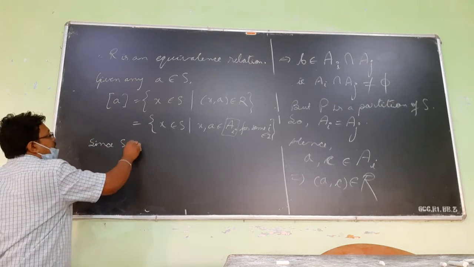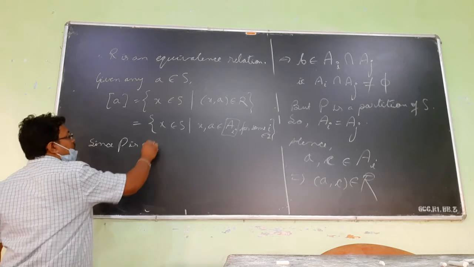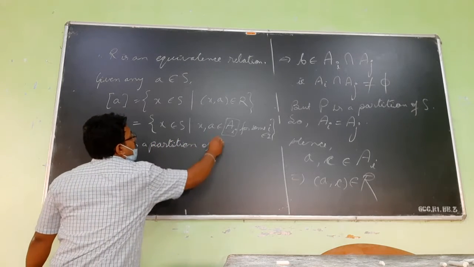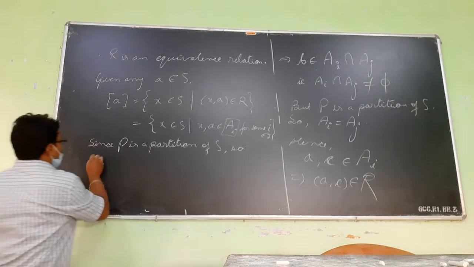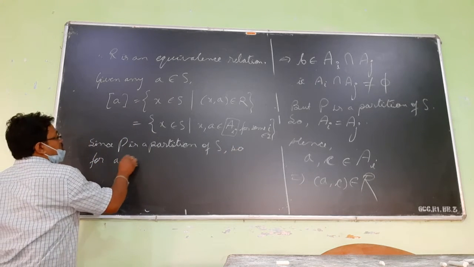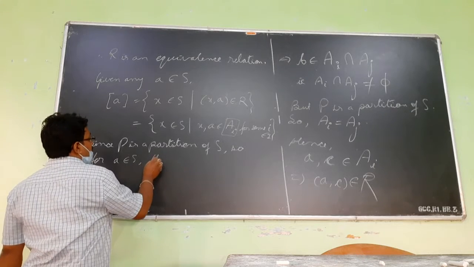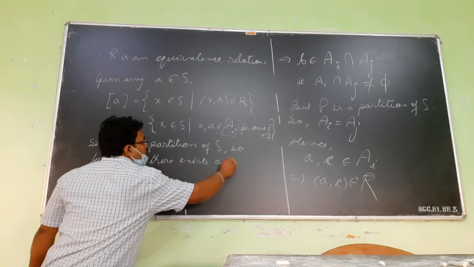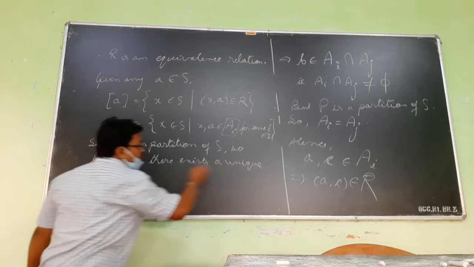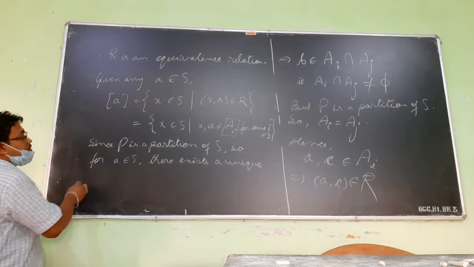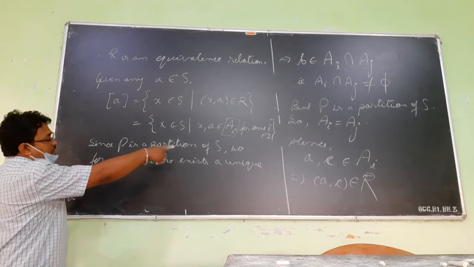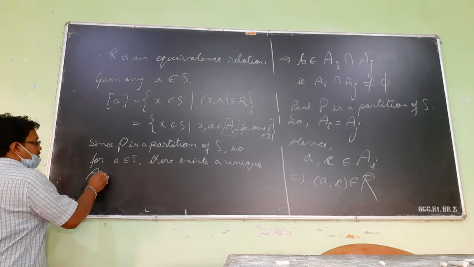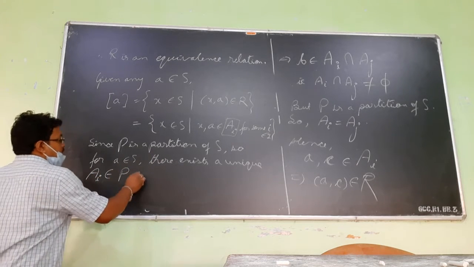Since P is a partition of S, for A belongs to S, there exists a unique A_I inside P such that A belongs to it. A cannot belong to two different members.